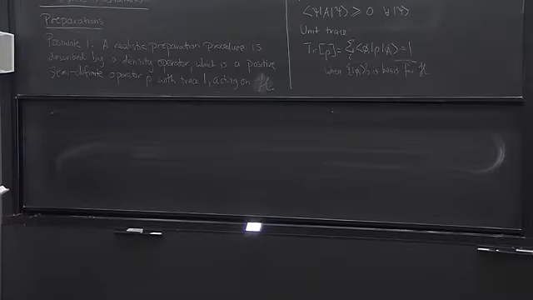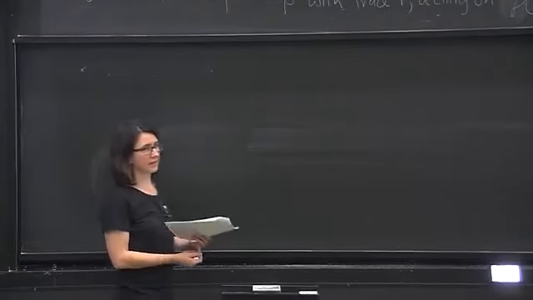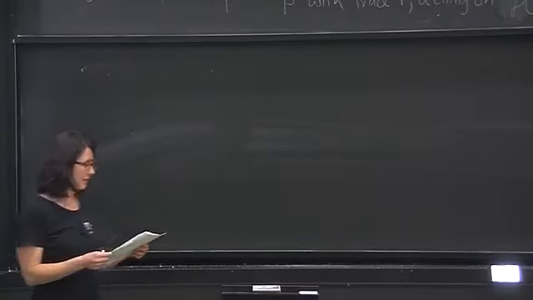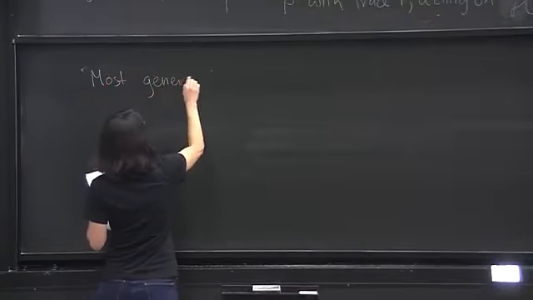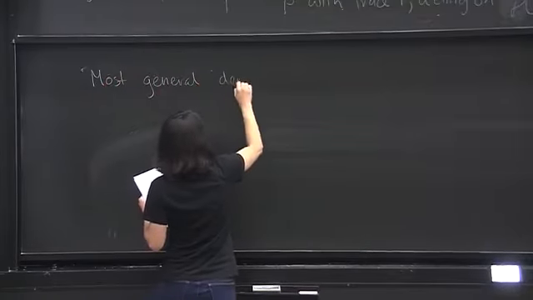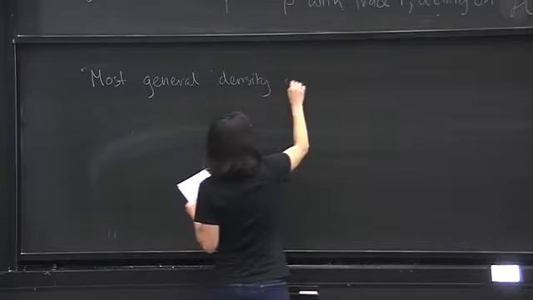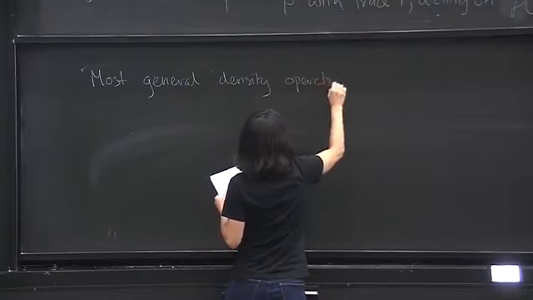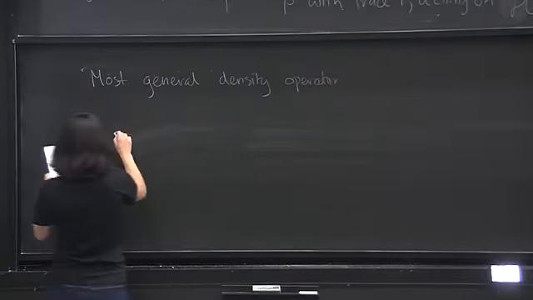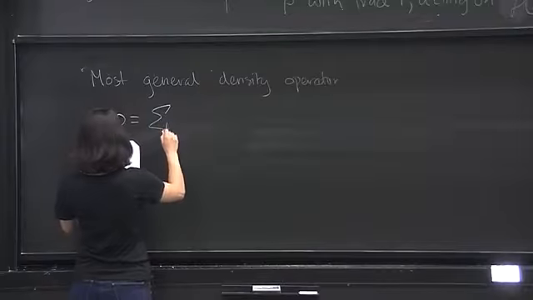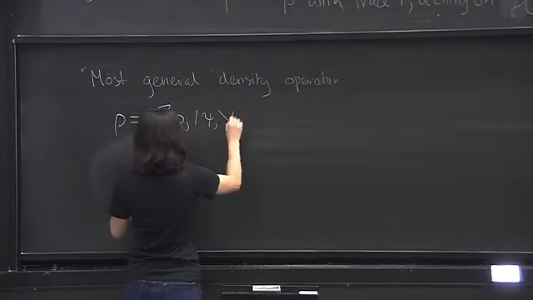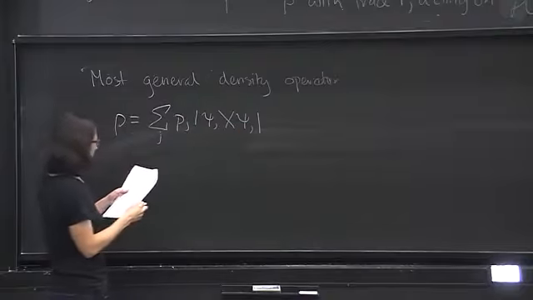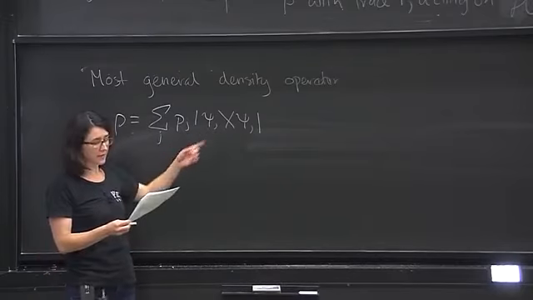Okay, so we can express density operators as convex combinations of pure states. For a finite dimensional Hilbert space, the most general operator can be written like this. So rho can be written as a convex decomposition of these states, psi j, where psi j are pure states.